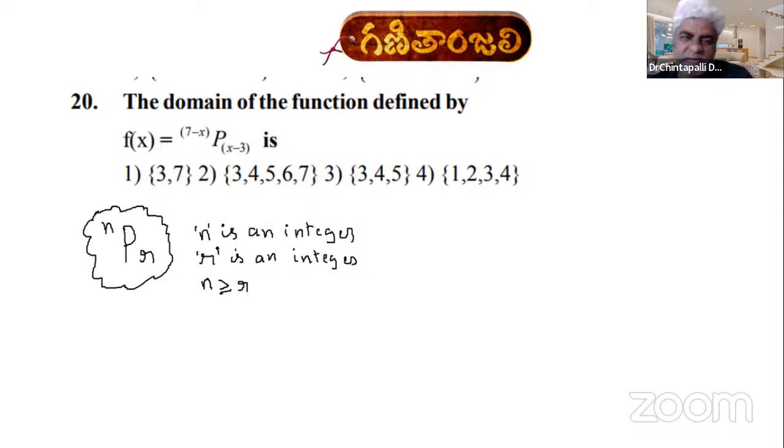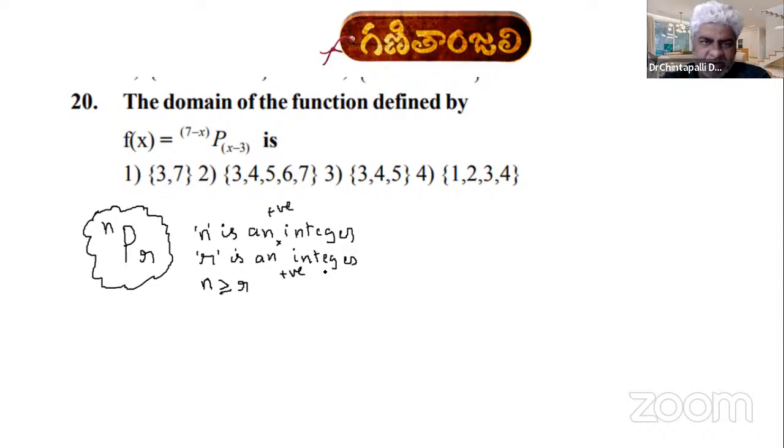Can you pick the values satisfying these three conditions? 7 minus x P x minus 3. And positive, of course, it is a positive integer. What is n here? 7 minus x.